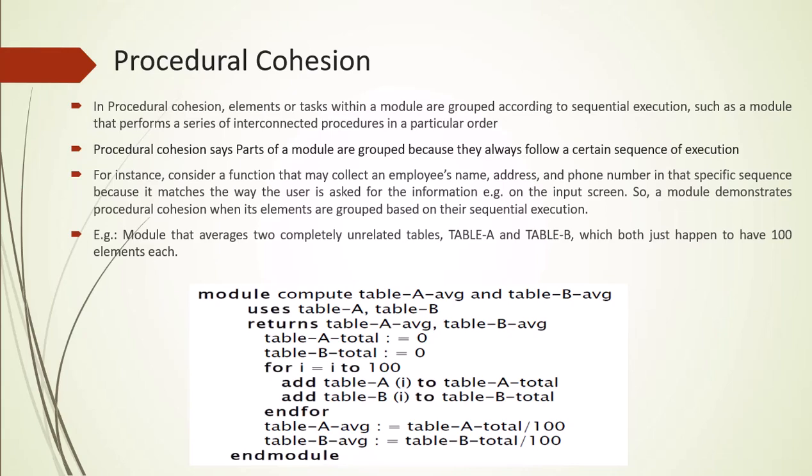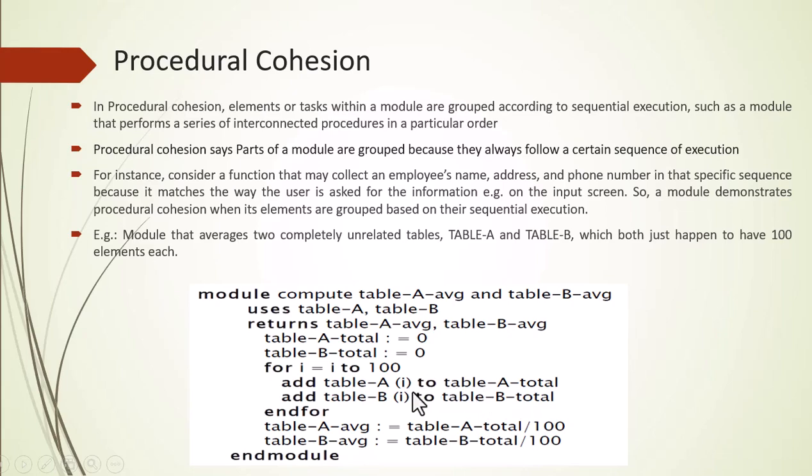The module computes the table A average and table B average, using tables A and B. Return table A average, return table B average. Table A total is equal to 0, table B total is equal to 0. We will use a for loop, for I equal to 1 to 100, adding table A I to table A total and table B I to table B total.